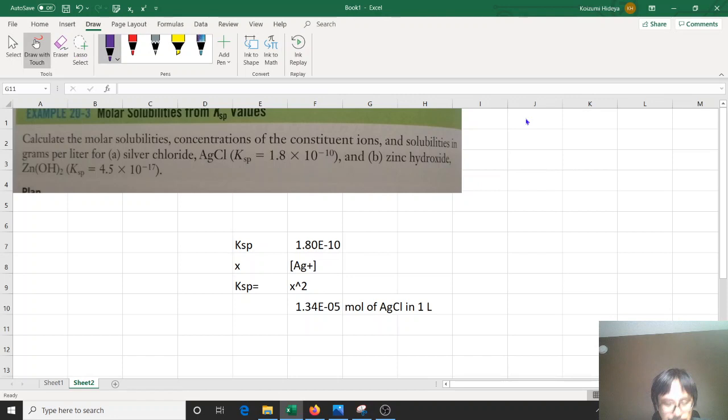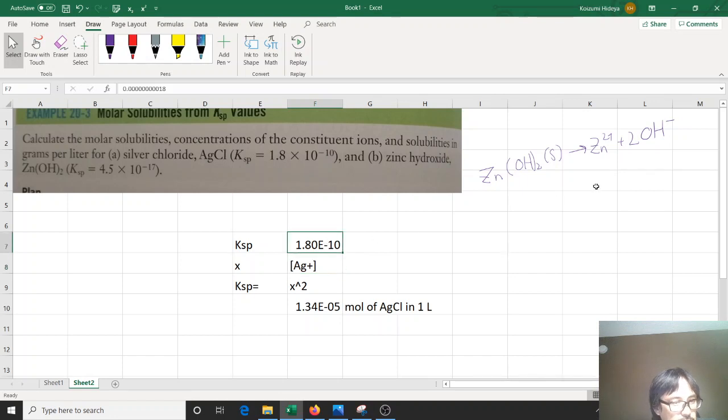It's not halide, it's zinc hydroxide, Zn(OH)2, that's another solid, which is trying to become zinc 2 plus and 2 OH minus.